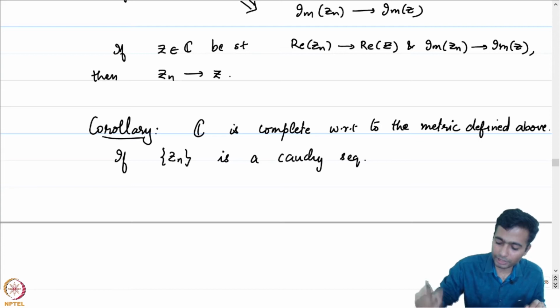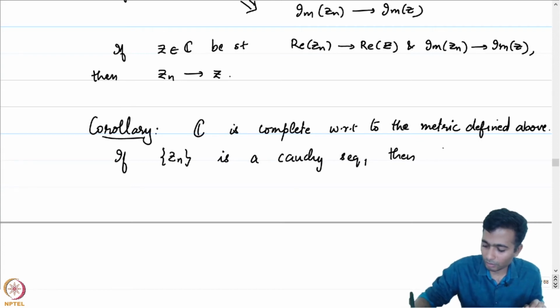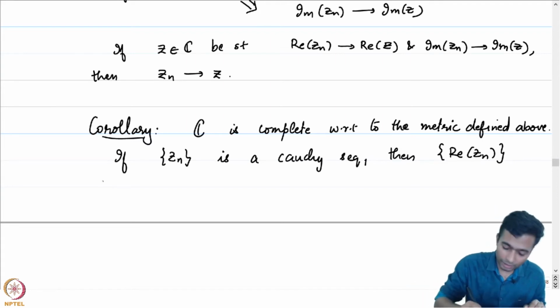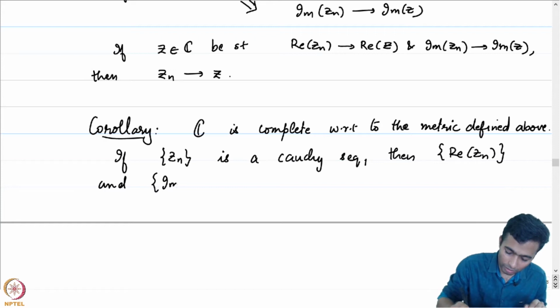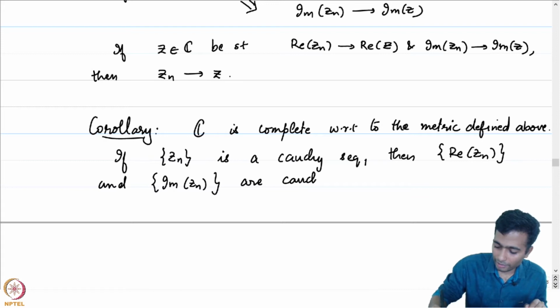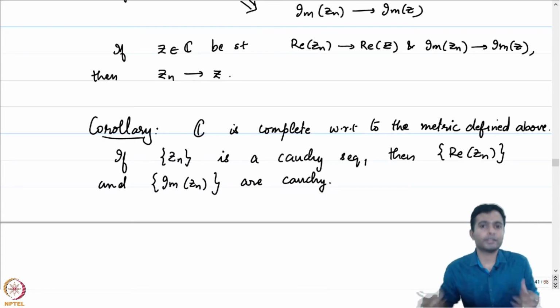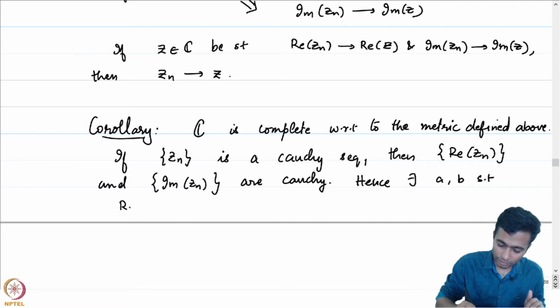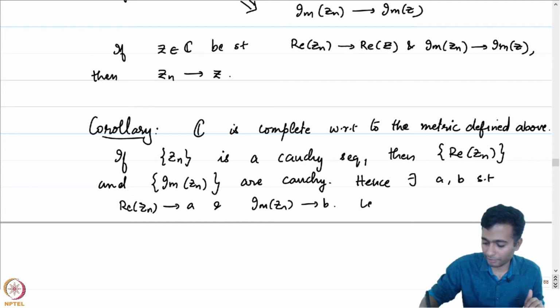then the above observations tell us that the real numbers, the real part of Zn, and the real numbers, the imaginary part of Zn, both are Cauchy. And the completeness of R tells us that hence there exist A, B such that the real part of Zn converges to A and the imaginary part of Zn converges to B. Let Z be equal to A plus iB.